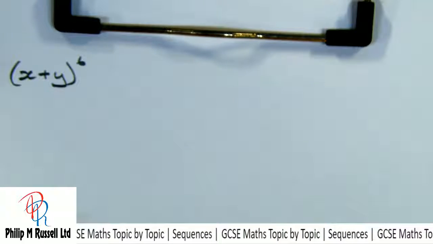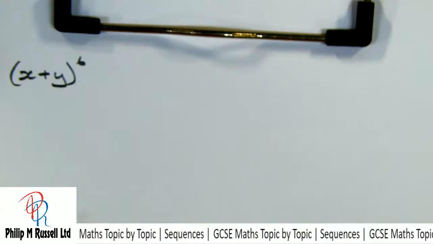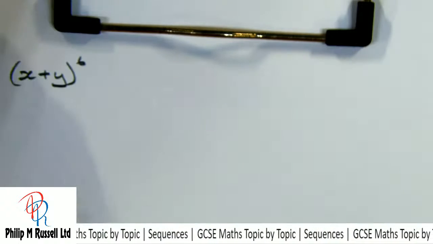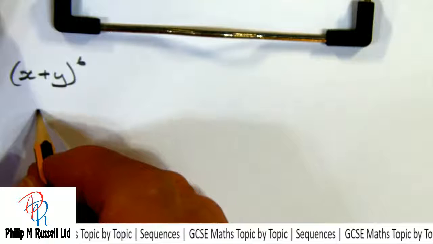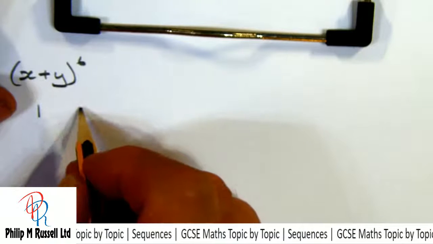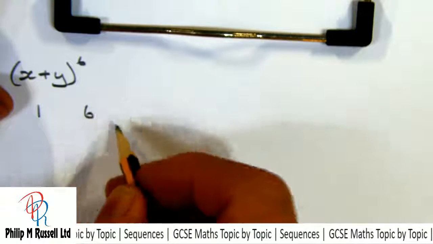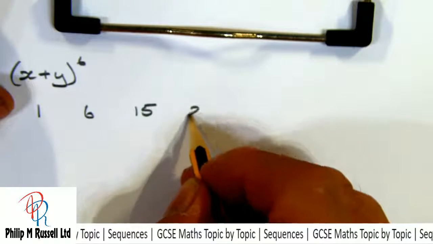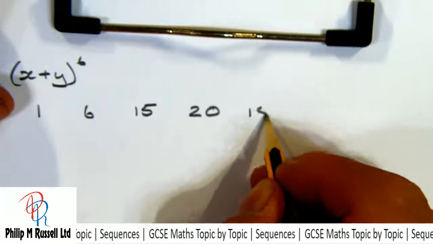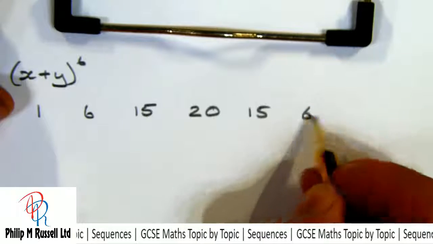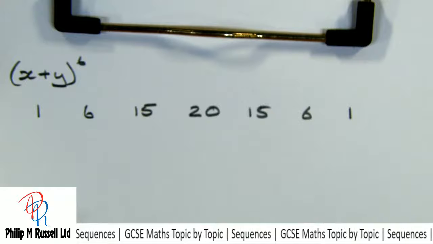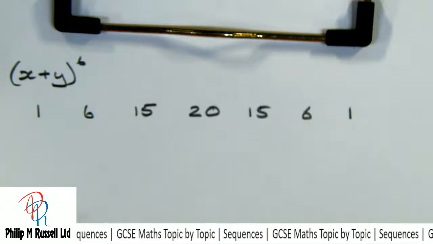Now I'm going to cheat, and I know from my Pascal's triangle that the numbers are 1, 6, 15, 20, 15, 6 and 1.